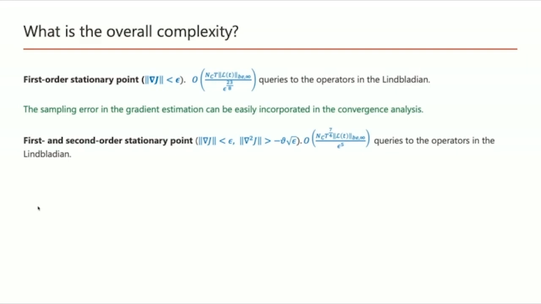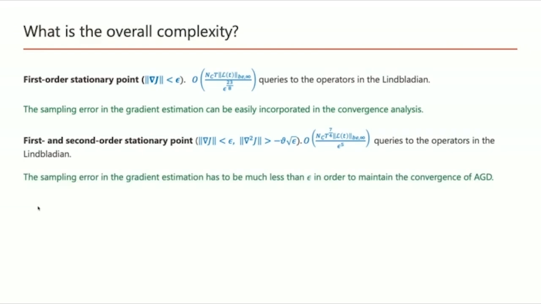At this point, the best that we can get is this epsilon to the power 5 dependence. So this is a lot higher than this scenario. The reason for this is that in the gradient estimation algorithm, in order to make sure that the proof goes through, we have to make the estimation much, much more accurate. So having epsilon tolerance is not enough.